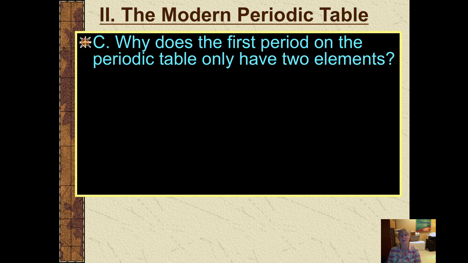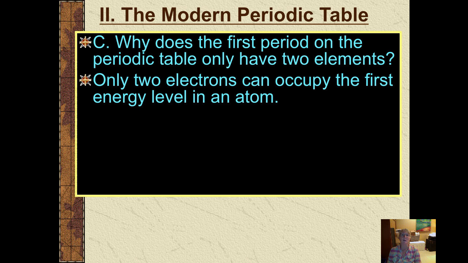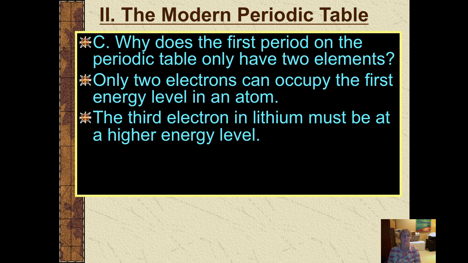Why does the first period on the periodic table only have 2 elements? You have to go back and remember your electron configuration information. You know that there can only be 2 electrons in the first energy level, and hydrogen has 1, helium has 2. So they only have 1s1 and 1s2 electron configurations, respectively.